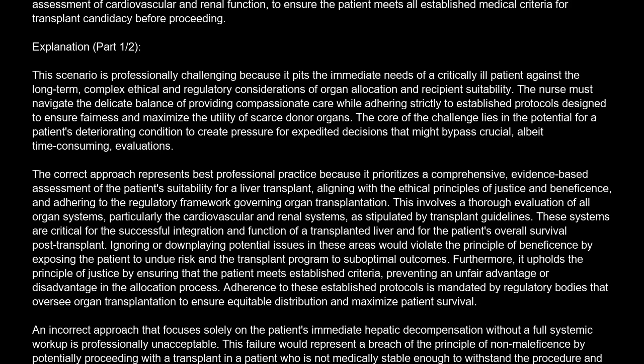These systems are critical for the successful integration and function of a transplanted liver and for the patient's overall survival post-transplant. Ignoring or downplaying potential issues in these areas would violate the principle of beneficence by exposing the patient to undue risk and the transplant program to suboptimal outcomes.